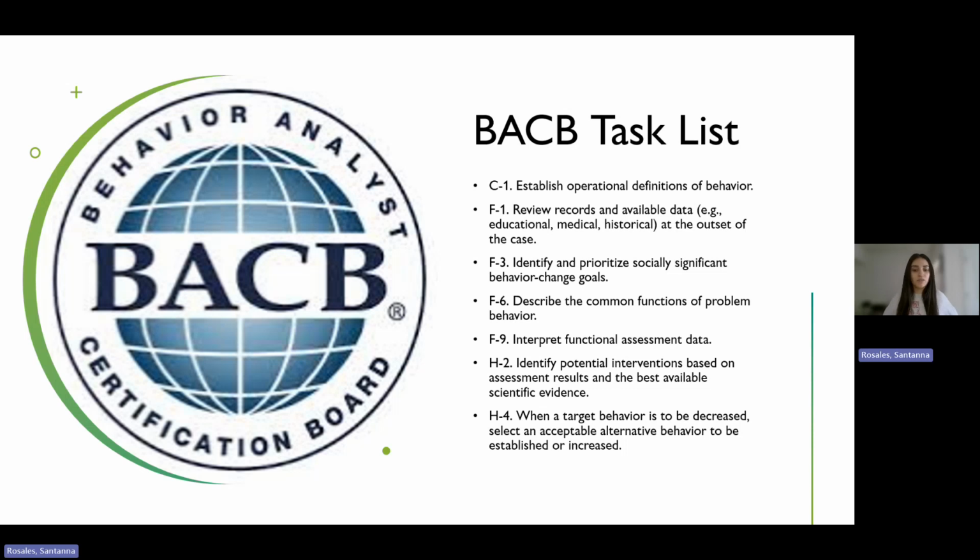And lastly, when a target behavior is to be decreased, select an acceptable alternative behavior to be established or increased. Oh, I should have mentioned this. As an alternative behavior, we have been redirecting her to get a preferred or reinforcing item from a supervisor's office at the start of her wanting an item from a peer.